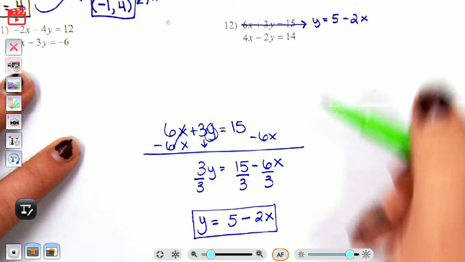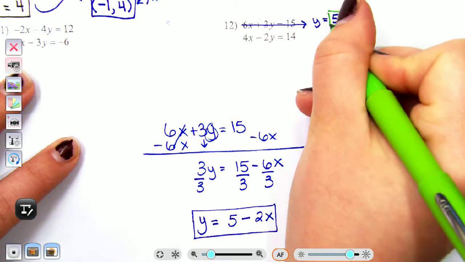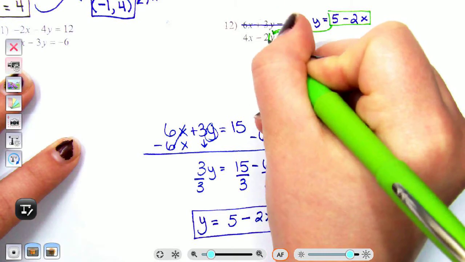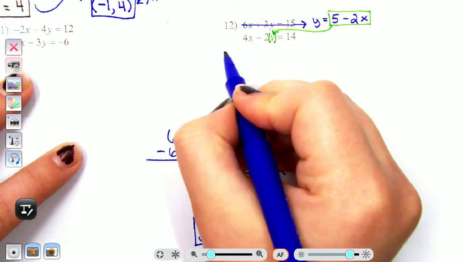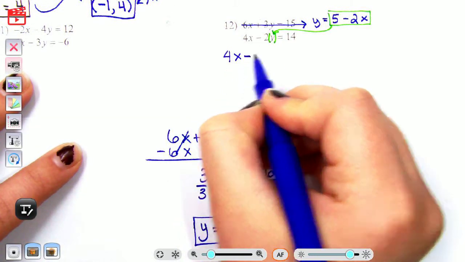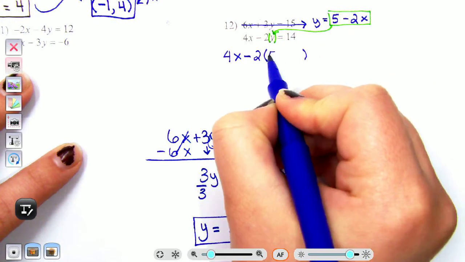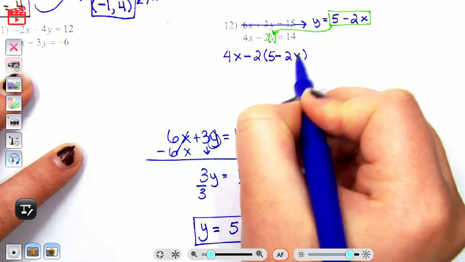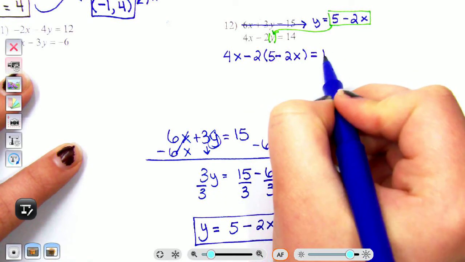After that, I'm going to take my y value, which is 5 minus 2x, and substitute it into my y in the bottom equation. So I'm going to rewrite the bottom equation, but instead of writing y, I'm going to write 5 minus 2x because that is what y is equal to. Finish that off.